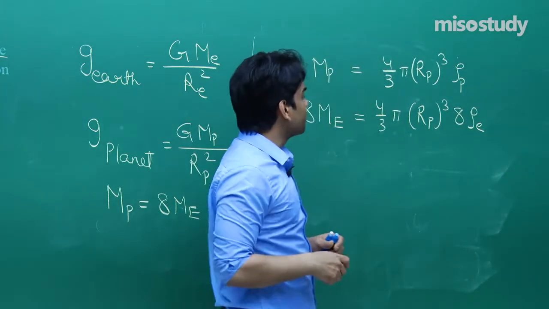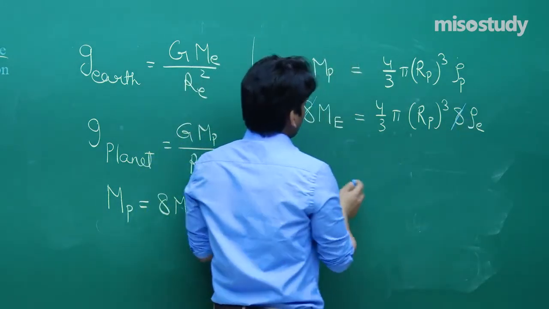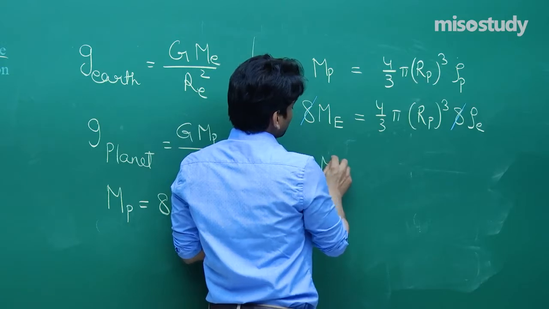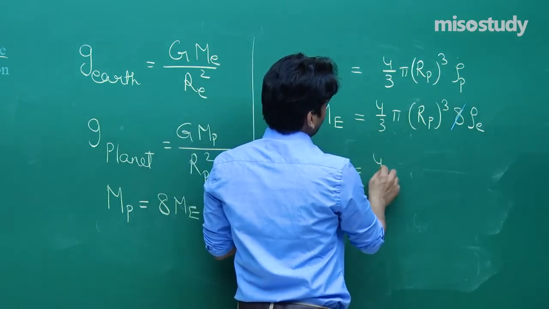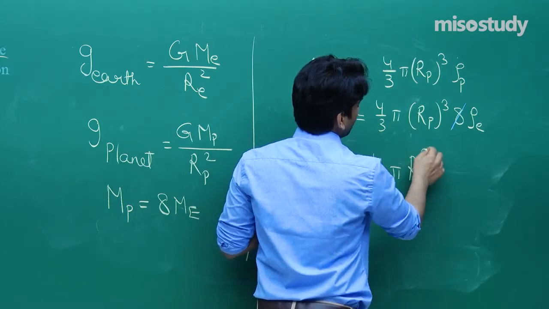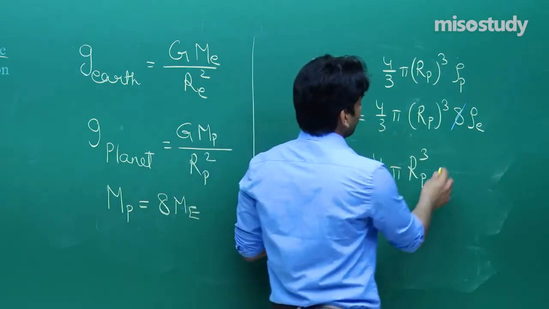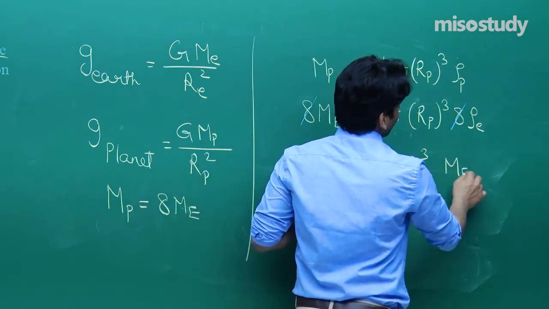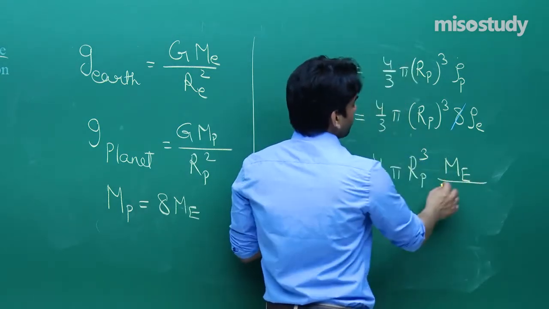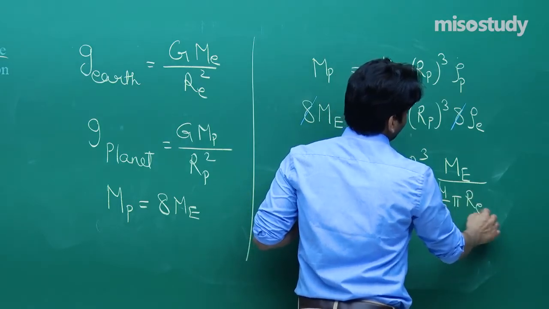And again if we simplify, this term will be cancelled out. We will be having mass of Earth is equal to 4 by 3 pi Rp whole cube and rho E, that is rho of Earth, that is mass of Earth divided by its volume 4 by 3 pi Re whole cube.